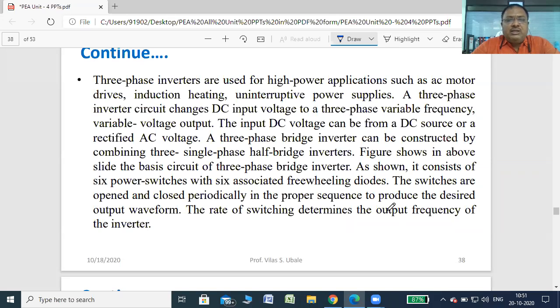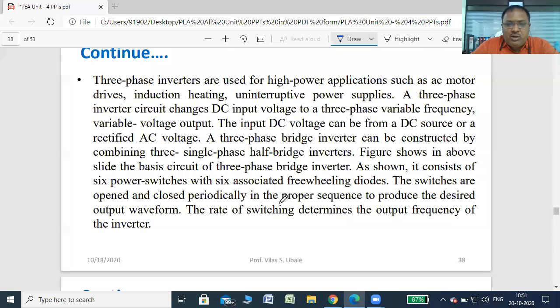Okay. A three-phase bridge inverter can be constructed by combining three single-phase half-bridge inverters, already discussed. The figure in the above slide shows the basic circuit of a three-phase bridge inverter. As shown, it consists of 6 power switches with 6 associated freewheeling diodes. The switches are opened and closed periodically in a proper sequence.